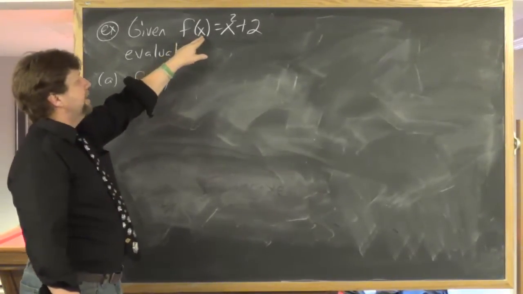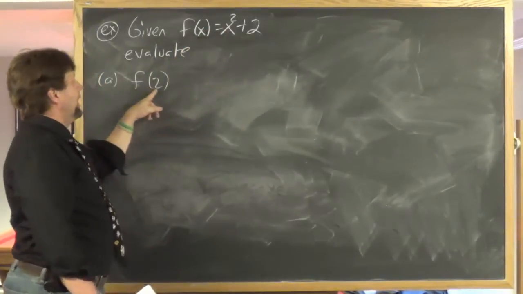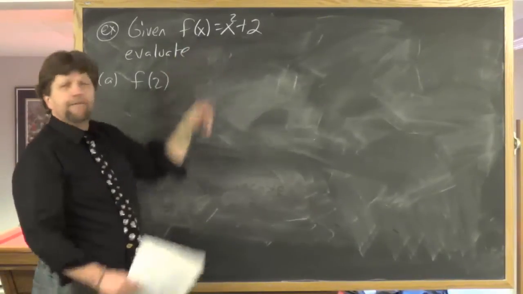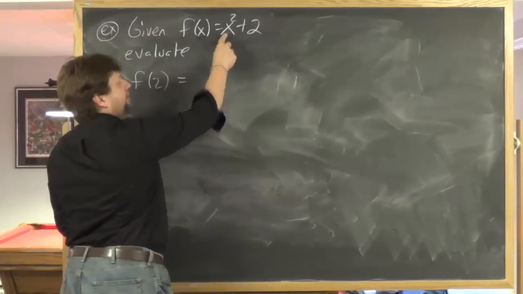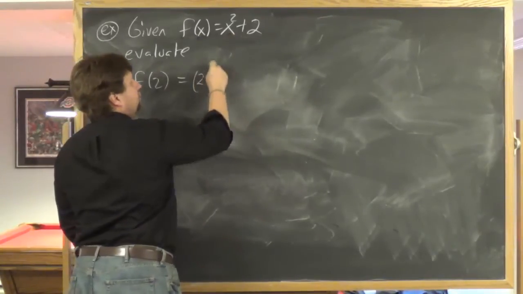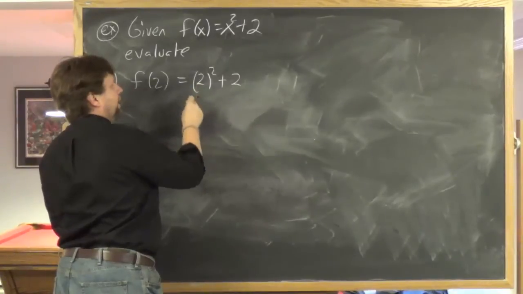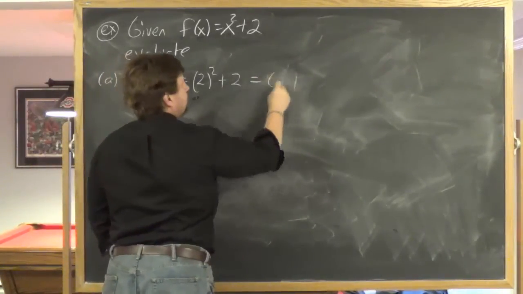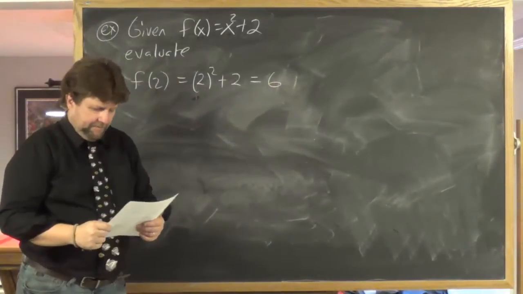So if f of x is x squared plus 2, and you're asked to evaluate f of 2, you're going to put 2 in for all the x's. So that would give you 2 squared plus 2. Now 2 squared is 4. 4 plus 2 is 6. F of 2 is 6.